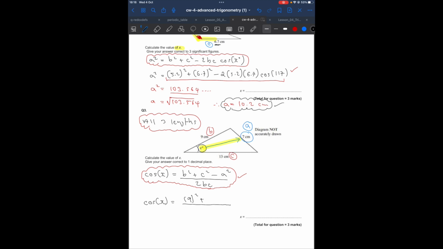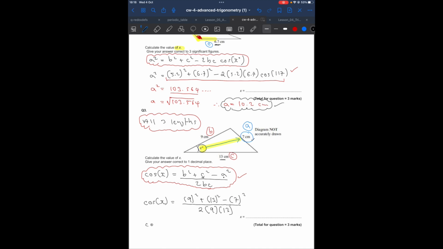We're going to replace the c here with 13 in a bracket squared. We're then going to replace the a here with the 7 centimeters, or the 7 squared, all over 2, and then at the bottom we've got b again, which is 9, and then we've got c again, which is the 13, and that's our substitution done.